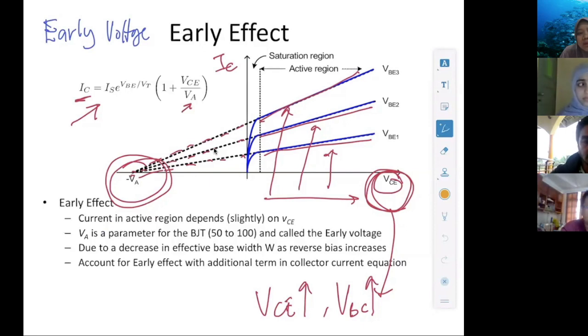So early effect. I have discussed in the previous class what the early effect is and what the mechanism is. The most important thing is that you are able to explain how the early effect happens.